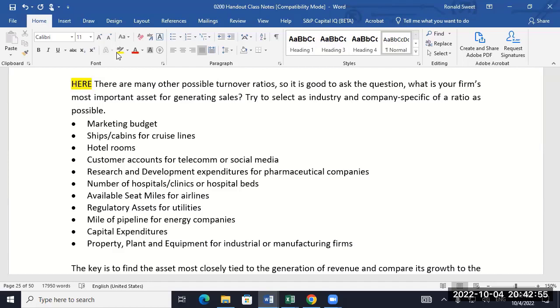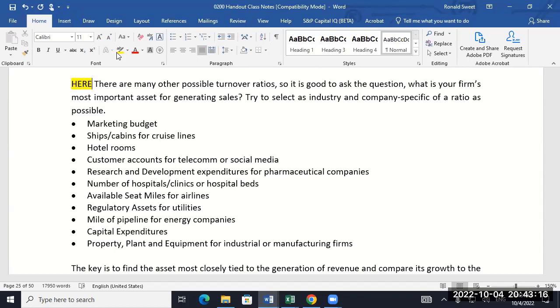At UTSA, we did revenue per employee. That works really well. If you're doing airlines, it's available seat miles. If you're doing cruise lines, it's revenue per cabin, per berth. Hotels, it's revenue per hotel room. Every industry has their own thing.